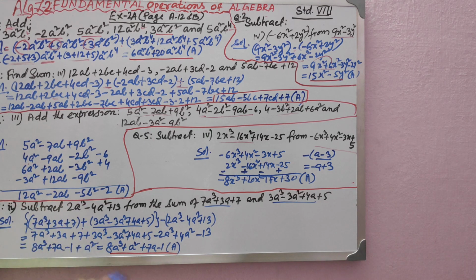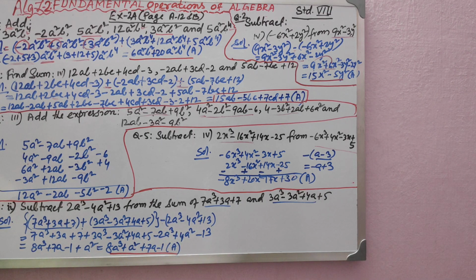I will do it mentally. Here is 7a cube. First of course I have removed the bracket. Here is 7a cube. Then 3a plus 7 plus 3a cube minus 3a square plus 4a plus 5. That you have written. Then I have removed the bracket. See here also: minus 2a cube minus plus 4a square minus plus minus 13a square.